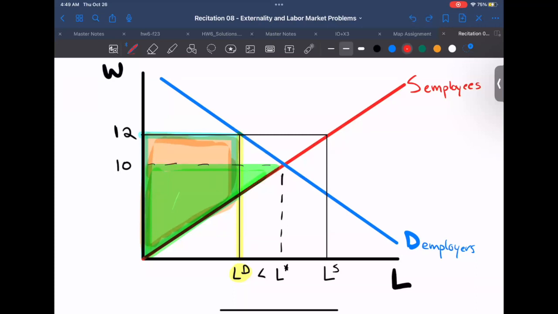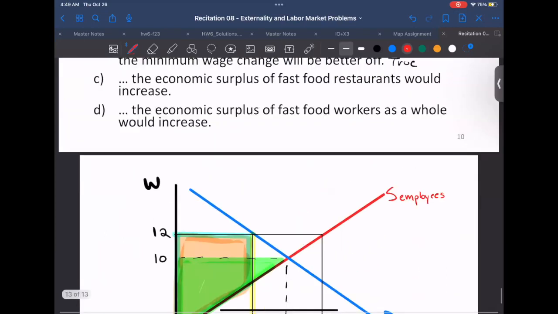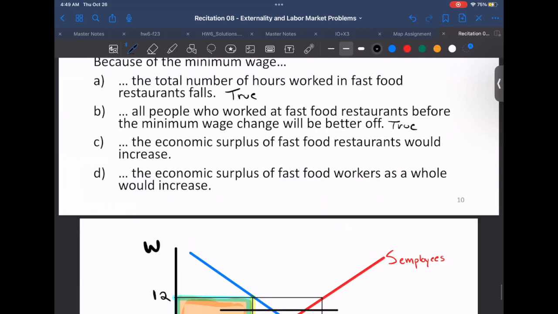Now, with the price being equal to 10, we gain this triangle, but we don't have this rectangle. So it ultimately just ends up being, is the trapezoid or is the triangle bigger in area? But because we don't have information for L star and LD, we don't know. And so in this case, this is going to be uncertain.